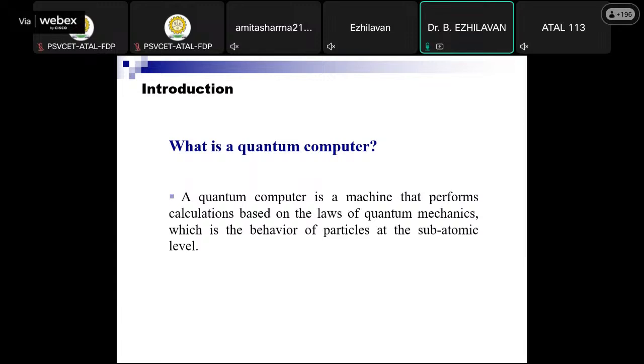Till transistors, in processors like the i7, we used the atomic level: proton, electron, neutron. In quantum computing we go for the subatomic level: quarks, leptons, and bosons.